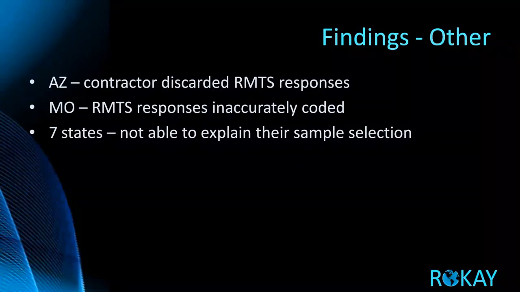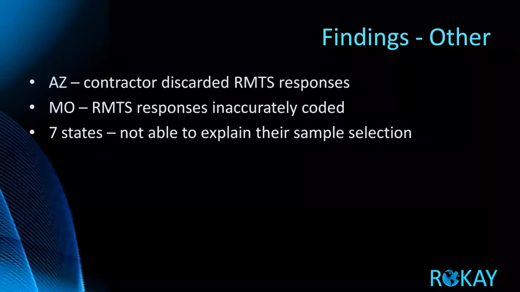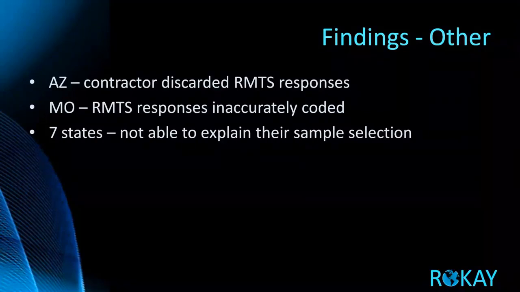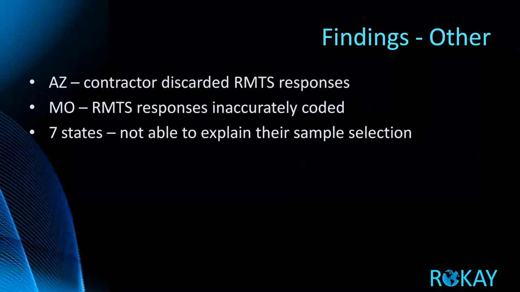So again, remember I said we go through all those nerdy statistics and we figure we need to send out 7,100 emails this school year. 3 years later, OIG comes in and says, how did you figure out you needed to send out 7,100? OIG might actually agree that 7,100 is the right number, but how did you figure it out? 7 out of the 10 states could not explain how they came up with that number. They had no notes. They couldn't reconstruct it. They just had no idea how they came up with it.